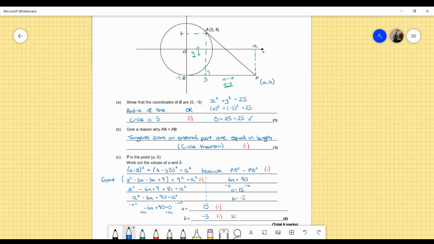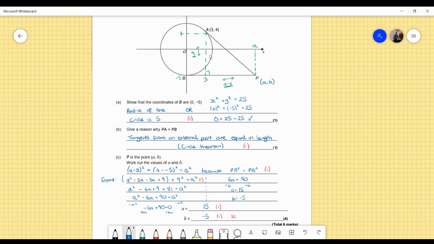If we think about then using Pythagoras, so it's a squared plus b squared equals c squared. So I know that my base, which I'm going to call a, is going to be (a minus 3) in brackets squared. My height of the triangle, so my b in this case, is 4 minus -5, or 9, whichever way you want to do it, then squared, and then obviously equal to this coordinate here squared.